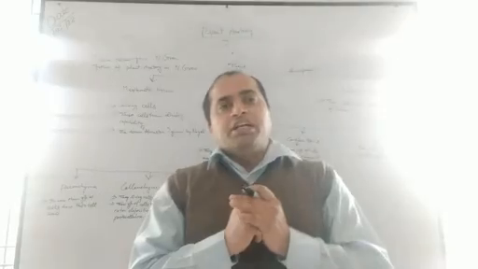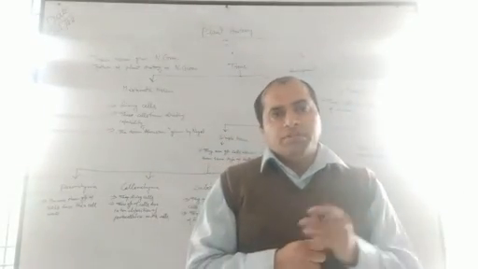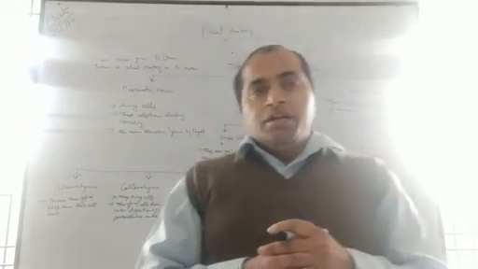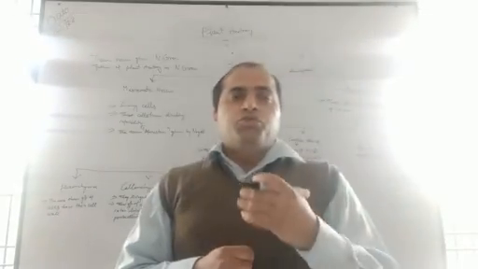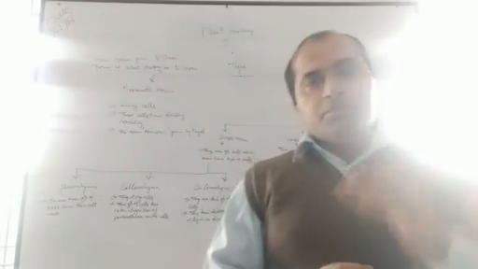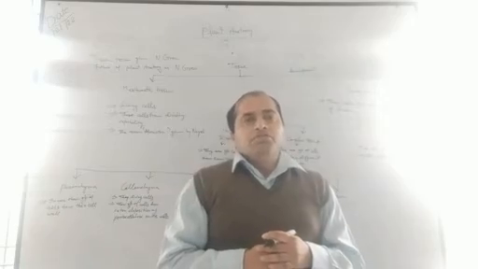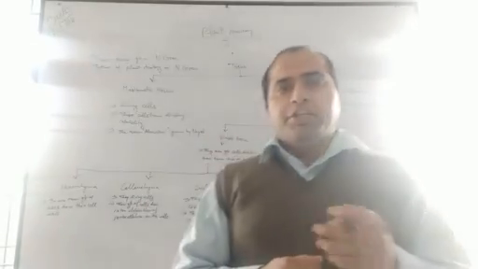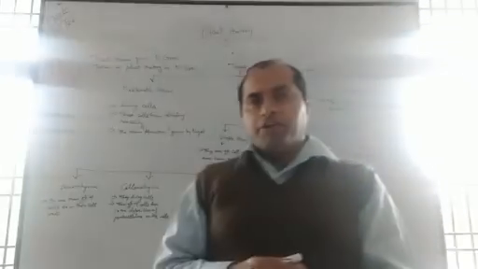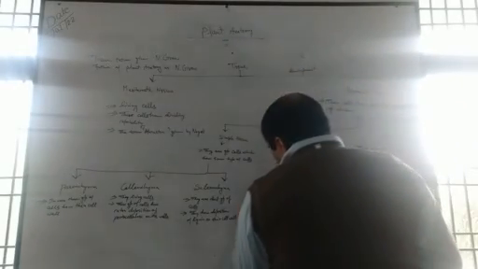The main function of xylem is to transfer water and minerals from the root to all parts of the plant, and the main function of phloem is to transfer food from the leaves to the whole plant body.